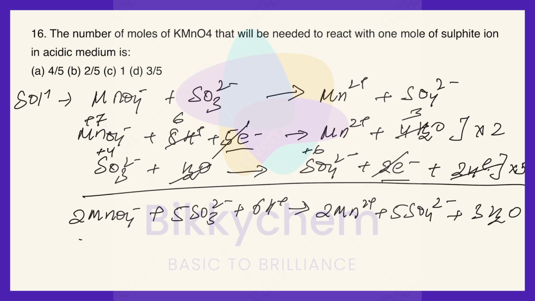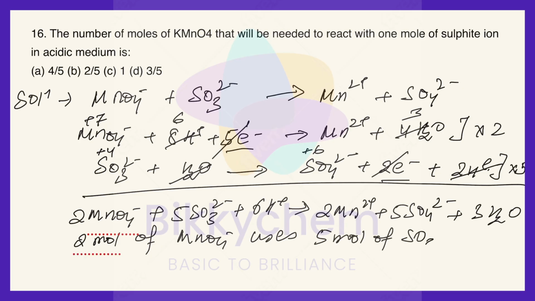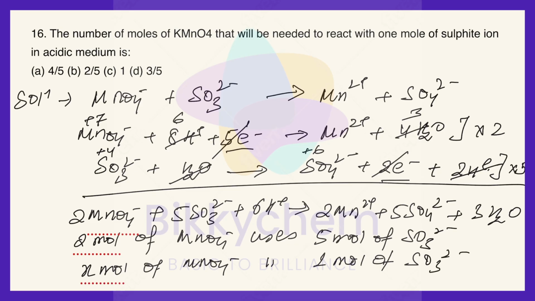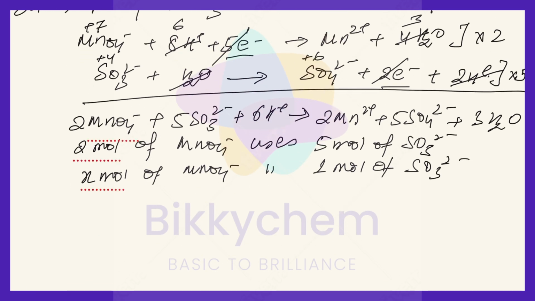Here 2 mole of MnO4 minus uses 5 mole of SO3 2 minus, which means X mole of MnO4 minus uses 1 mole of SO3 2 minus, as per the question. Then the value of X is 2 by 5. So option will be B.